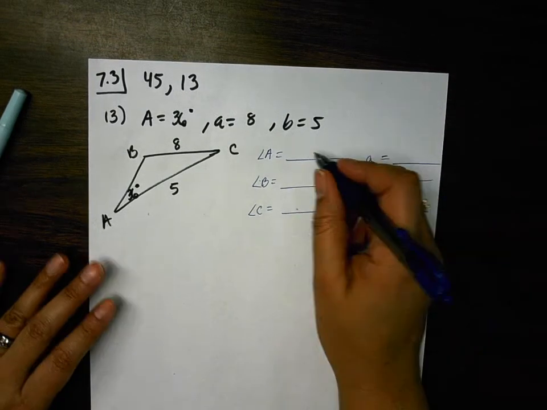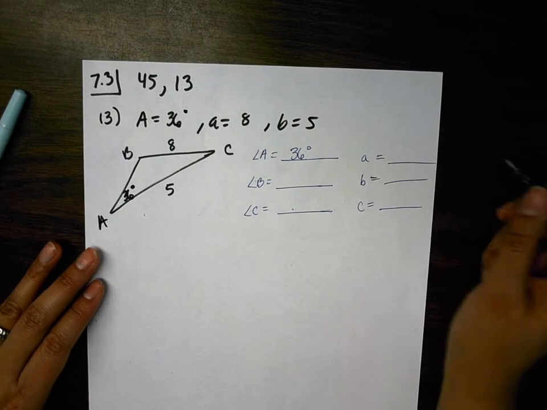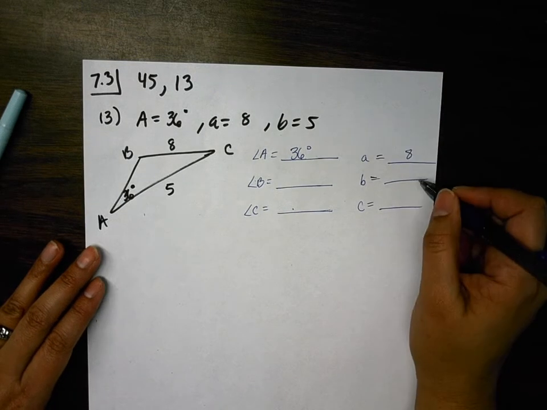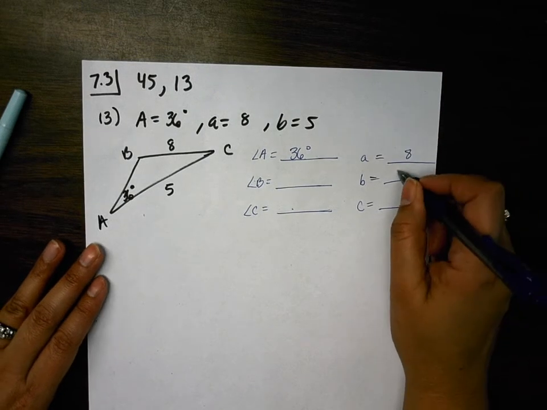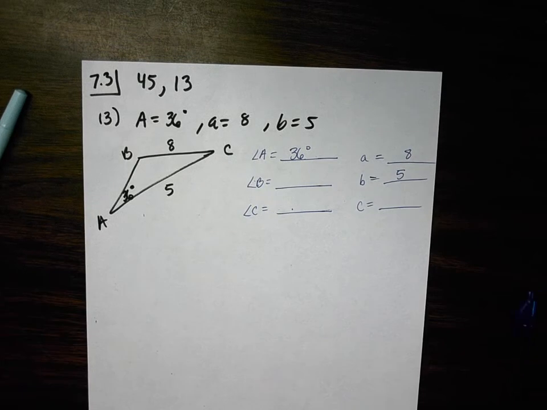And what is given? Angle A is 36 degrees, side A is 8, and side B is 5.